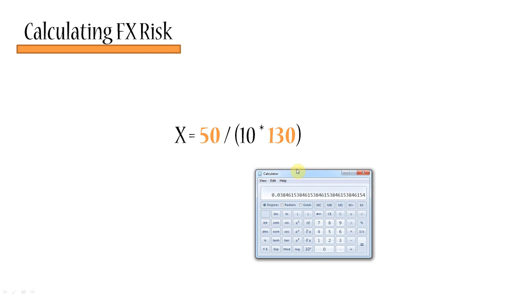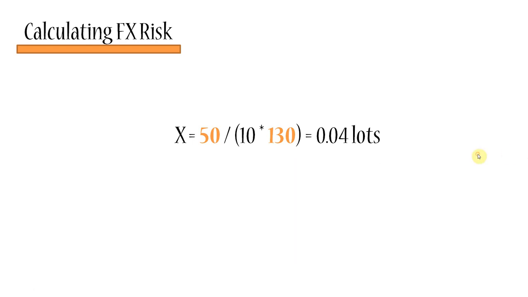And of course, in volumes, in lots, we can only use 2 decimal points. Actually it depends on your account, but on this account it's 2 decimal points. So we're going to round that up to 0.04. So I'll just type that in here. Equals 0.04 lots. Perfect. Now we can go ahead and conduct this trade.